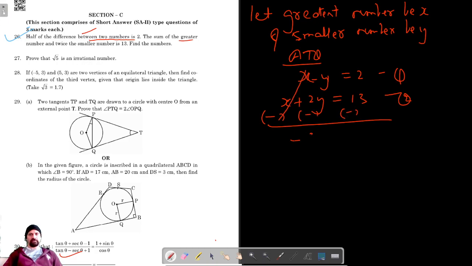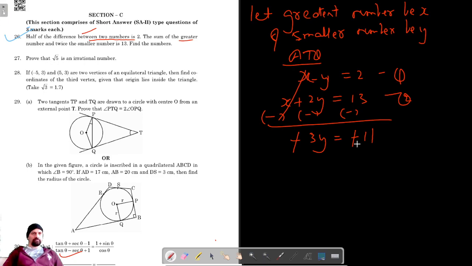These are the two equations, and we can directly subtract them to get the value of y. So minus 3y is equal to 13 minus 2, which is 11, so negative 11.